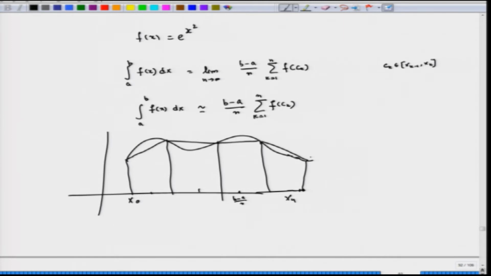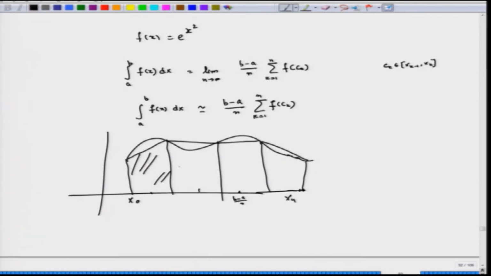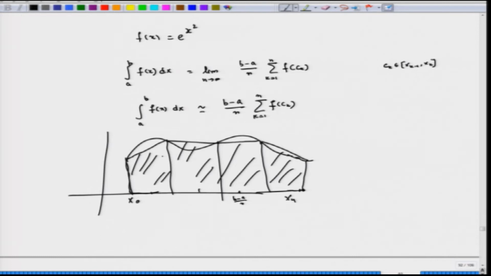Now, in this particular case, I can compute the area of these regions, and then I go smaller and smaller. What is the shape of this? This is nothing but a trapezium. What is the area of this trapezium?